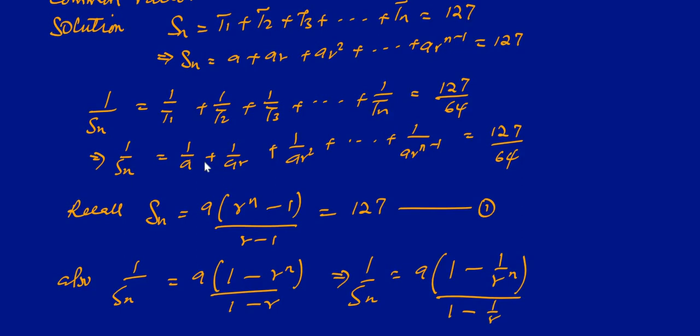Reciprocal. In the first statement the ratio is R, while here the ratio is 1 over R.